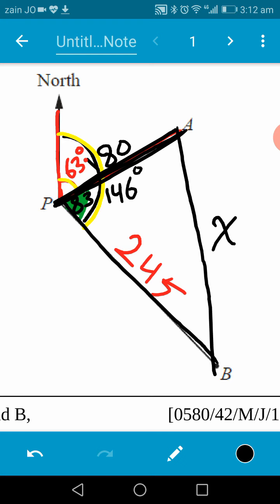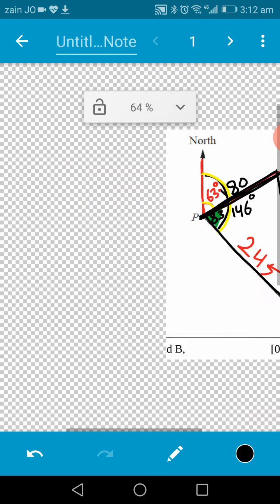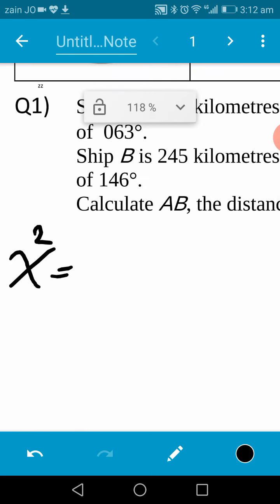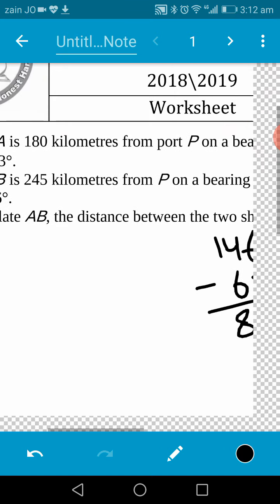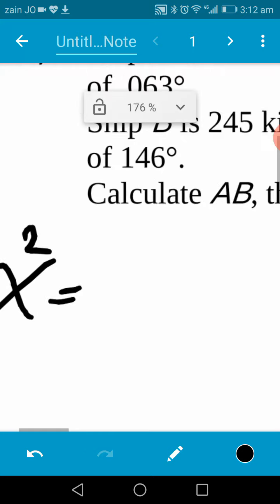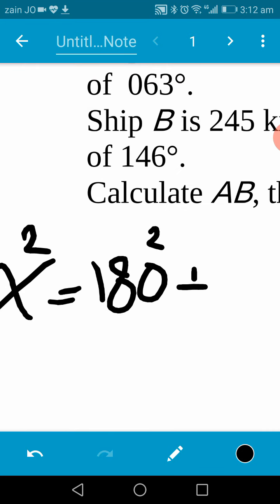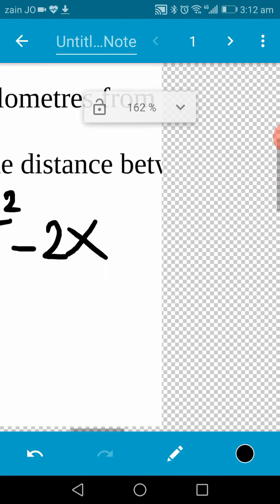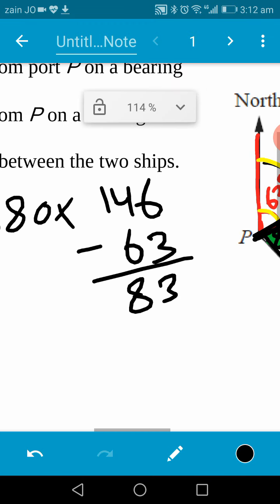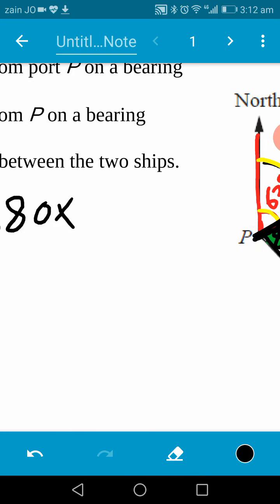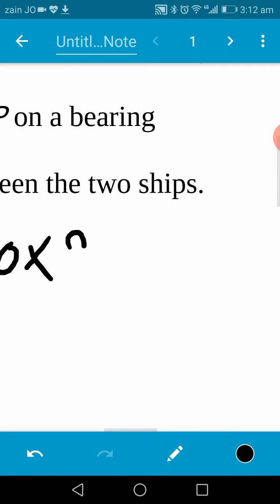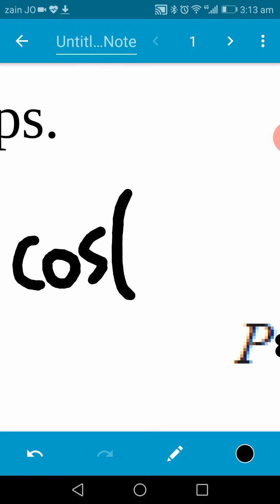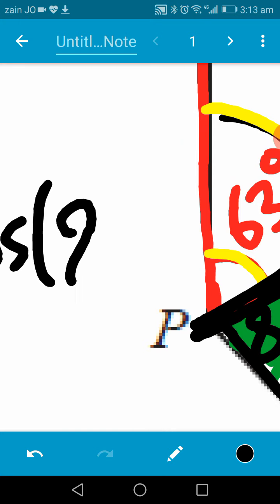So we use the cosine rule to find x. x squared equals 180 squared plus 245 squared minus 2 times 180 times 245 times cosine of the included angle, which is 83.